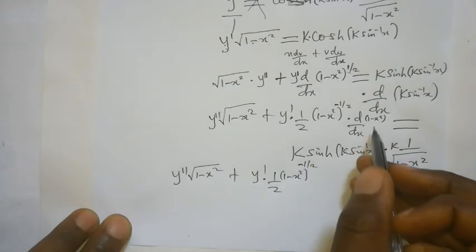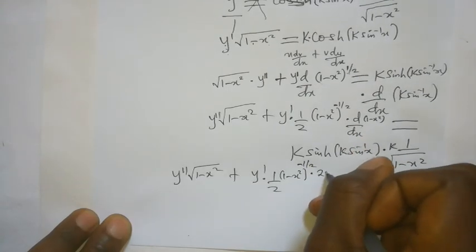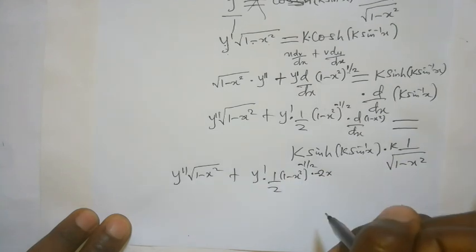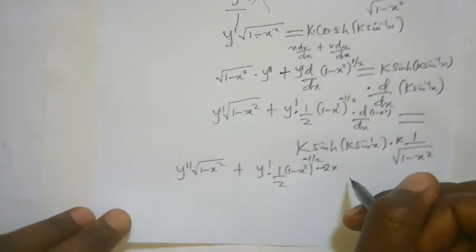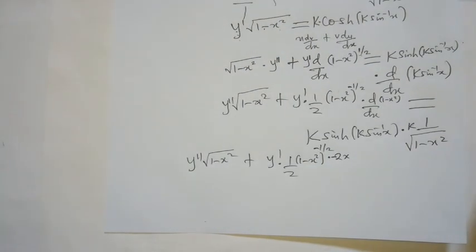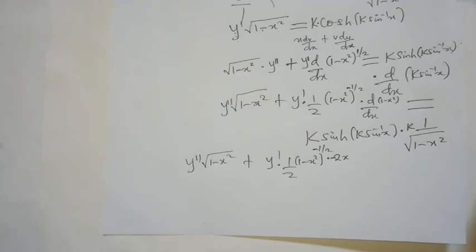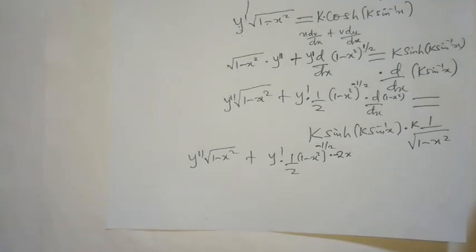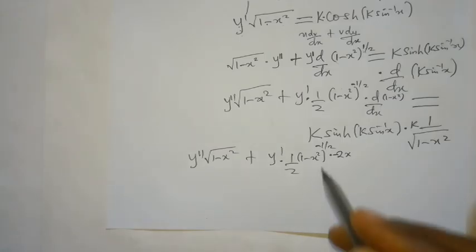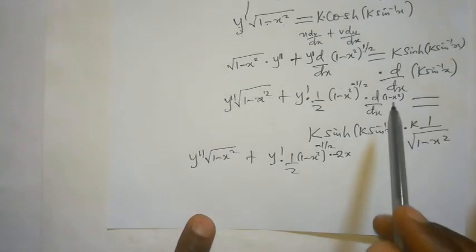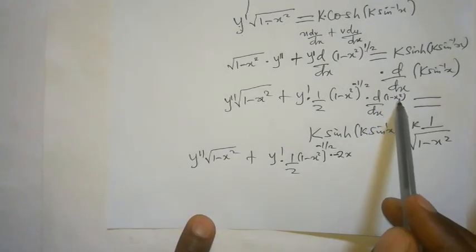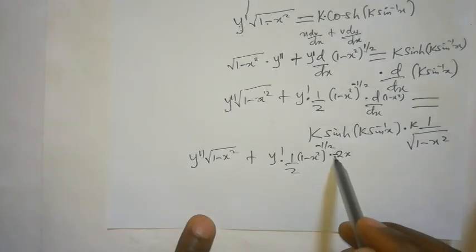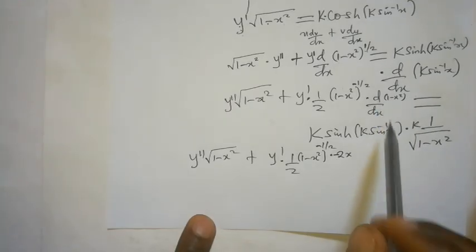So the differential of this is going to give us what? Dot 2x. You get it? Dot what? 2x. So the differential of 1 minus x squared is going to give us minus 2x. The differential of 1 is 0.